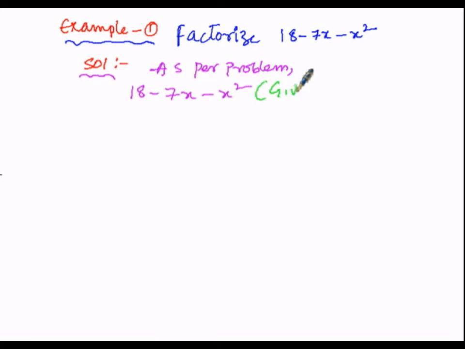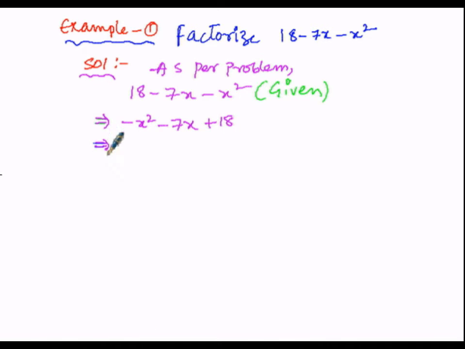So here, first of all, we have to arrange as per the descending order of the variable. x square is the second degree term with negative sign, so minus x square, then the x term with negative sign, that is minus 7x, then the constant 18 is of positive sign, so I would write plus 18, but overall I want to take the minus sign as common.